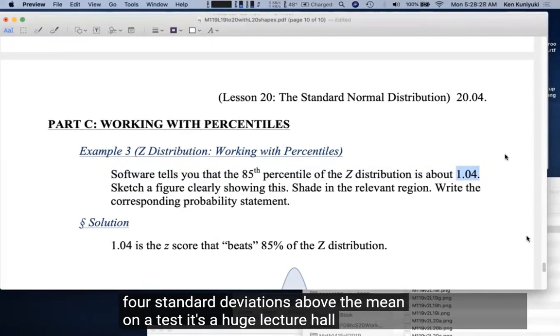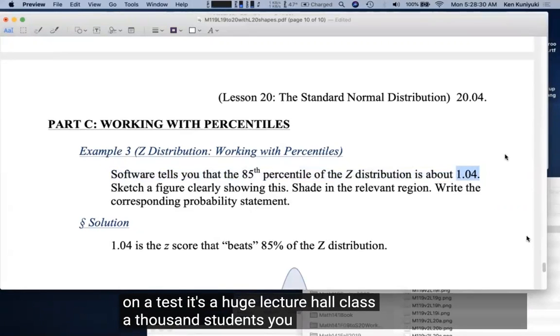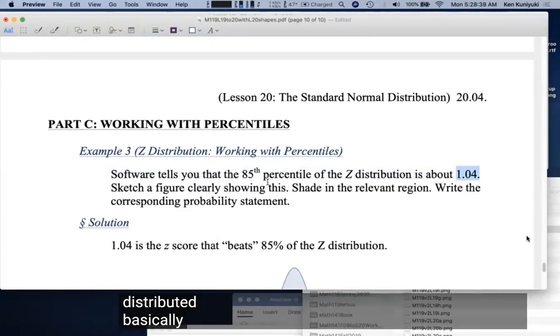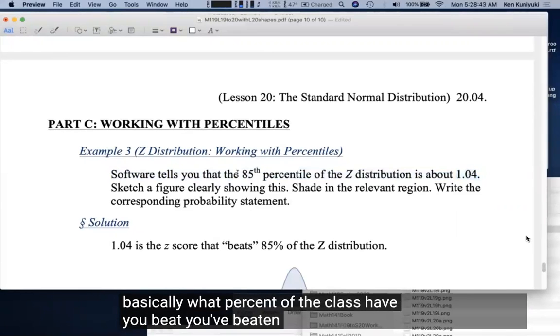It's a huge lecture hall class, 1,000 students, and the scores are about normally distributed. Basically, what percent of the class have you beaten? You've beaten 85% of the class.